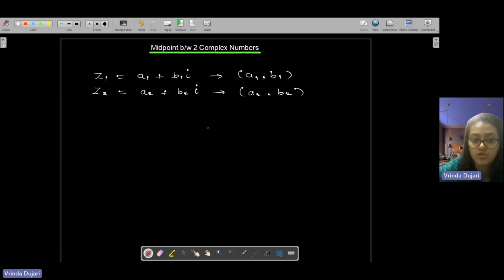You just plot these points on the complex plane. Let's say this is Z1 and this is Z2, and this is a line segment joining them. We want to find a point exactly in the middle of this line segment. There is something called the midpoint formula. You might have done it in your geometry module.